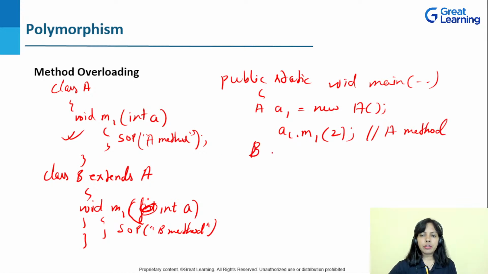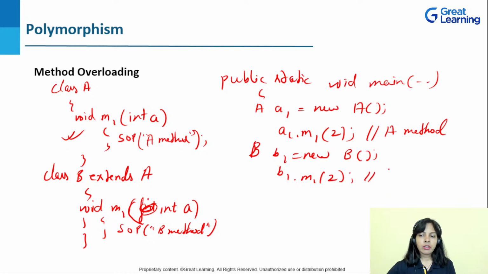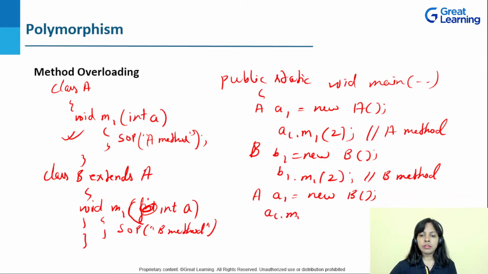If I create an object of class B, that is B1 = new B, and I call B1.m1 with 2, which method will it call? The B class method. That is, it will print B method. If I create an object of class A and I use a constructor of class B, then if I call A1.m1, which class method will be called?